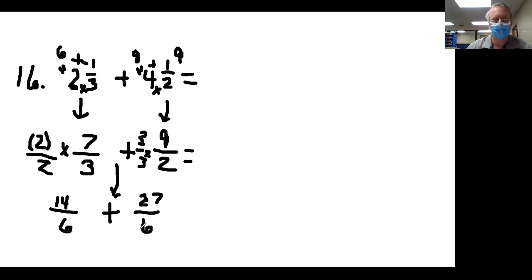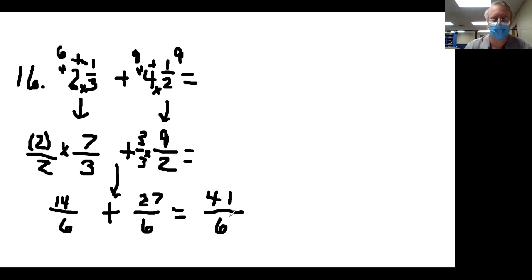So now the denominators, the bottom number, are the same. Now we can add these. 41. And then in addition of fractions, the denominator stays the same. 41 over 6. Now we have to convert this over to a compound fraction. 41/6.